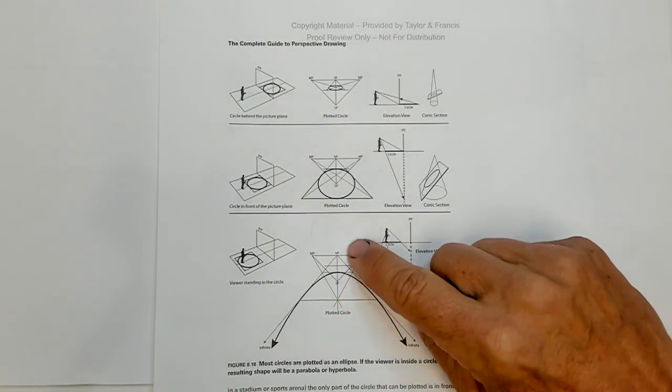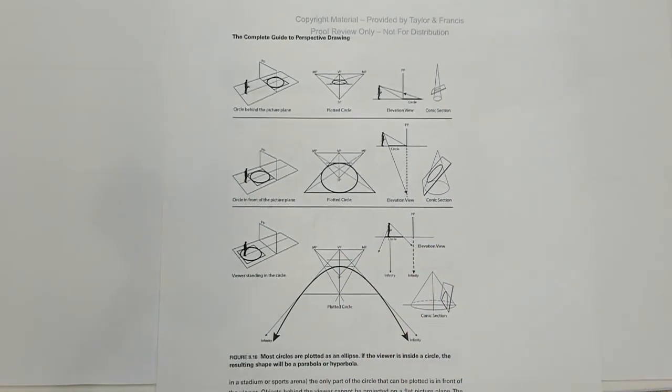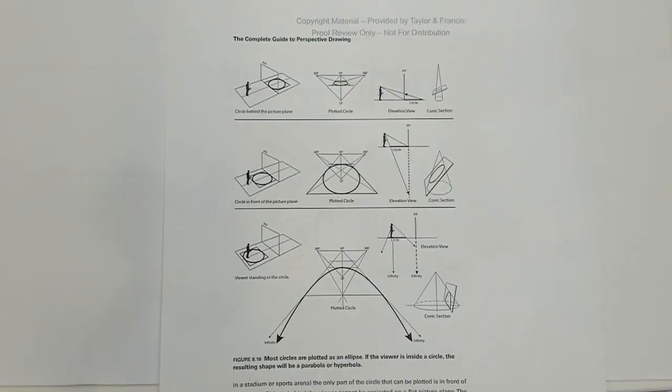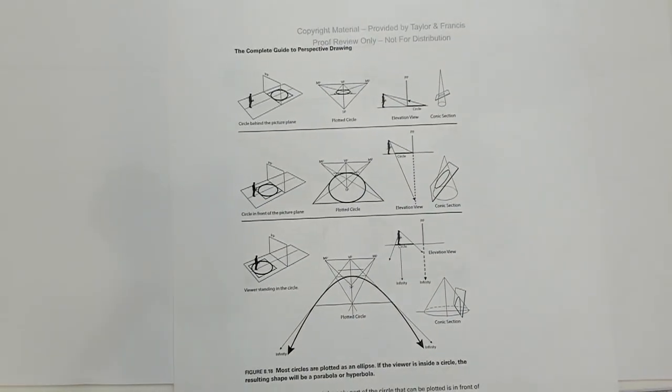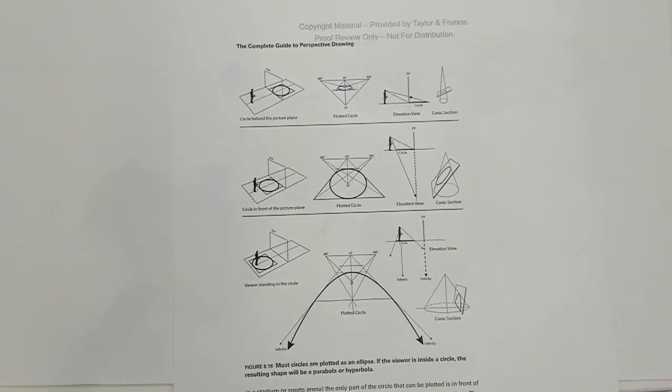If you look where this is, look at the cone of vision, this whole thing is outside the cone of vision. So that's an issue you have to consider when drawing these shapes, when the viewer is inside a circle. It could be like a stadium, where the viewer is in the stands, or the viewer's on the field and the stadium is round. You're not going to be seeing a lot of the stadium.